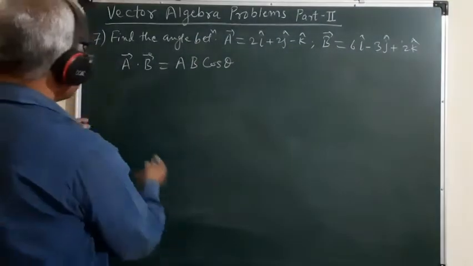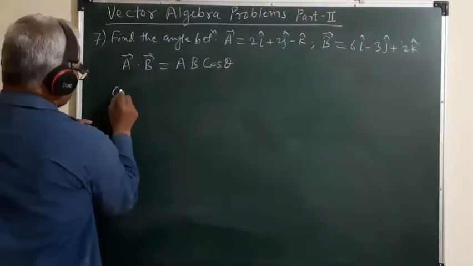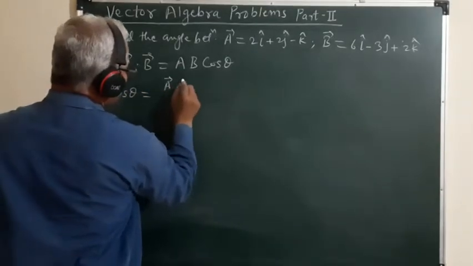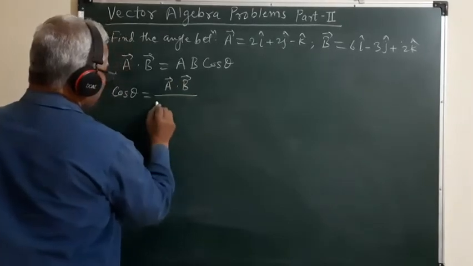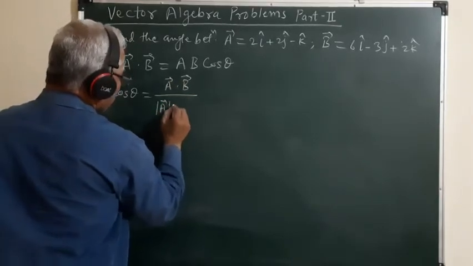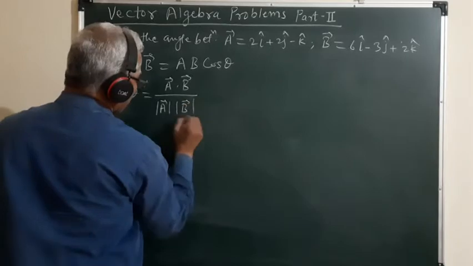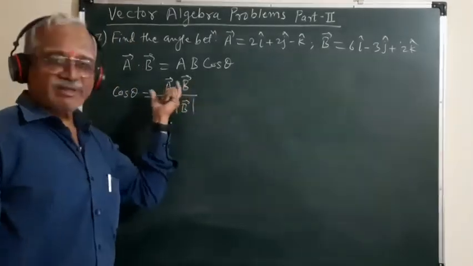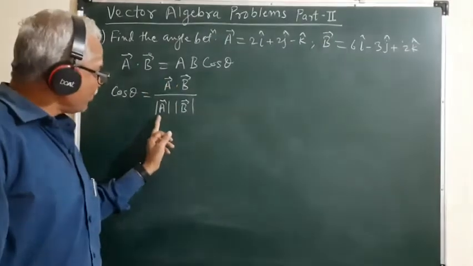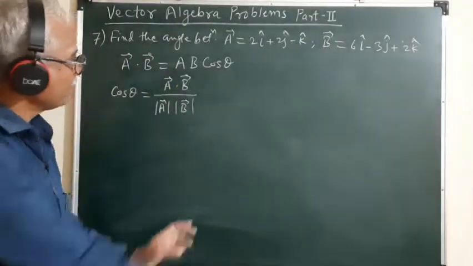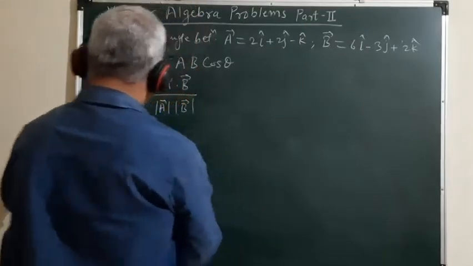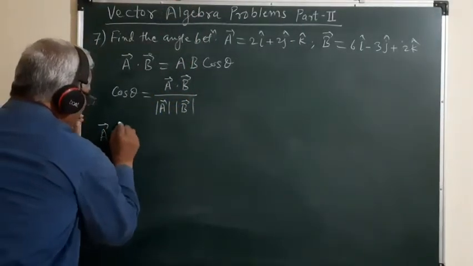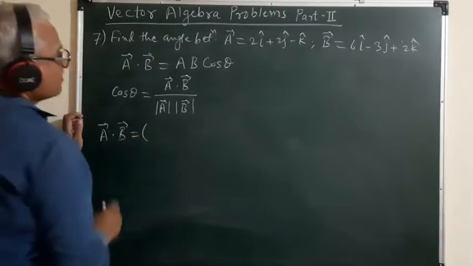So from this we can express cos theta to be equal to A bar dot B bar divided by mod A bar into mod B bar. So let us first obtain the dot product of A bar and B bar, the magnitude of A bar and magnitude of B bar.